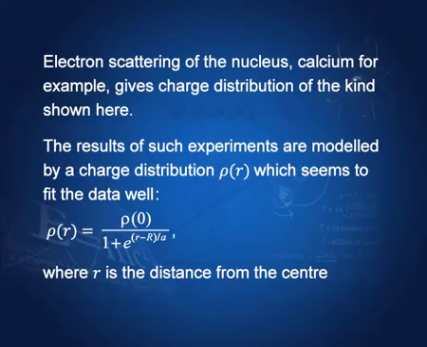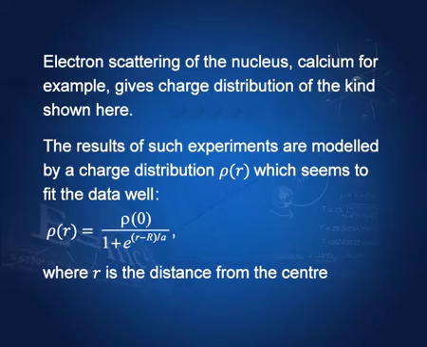Electron scattering off a nucleus, calcium for example, gives a charge distribution of the kind shown here. This is the kind of distribution, and it is modeled by this equation: rho(r) is equal to rho 0 divided by 1 plus e to the power (r minus R) by a.